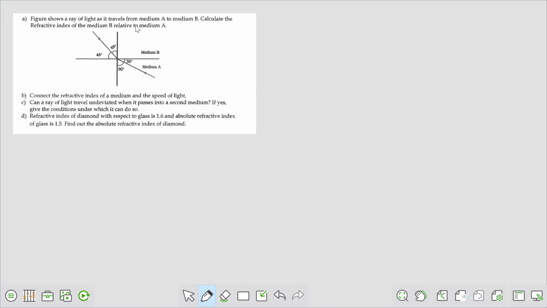The figure shows the ray of light as it travels from medium A to medium B. See the arrow: A to B. Calculate the refractive index of medium B relative to A. So we have to find the refractive index of B with respect to A. Here they have given the angles, so you have to use sine i by sine r, which is equal to NBA.